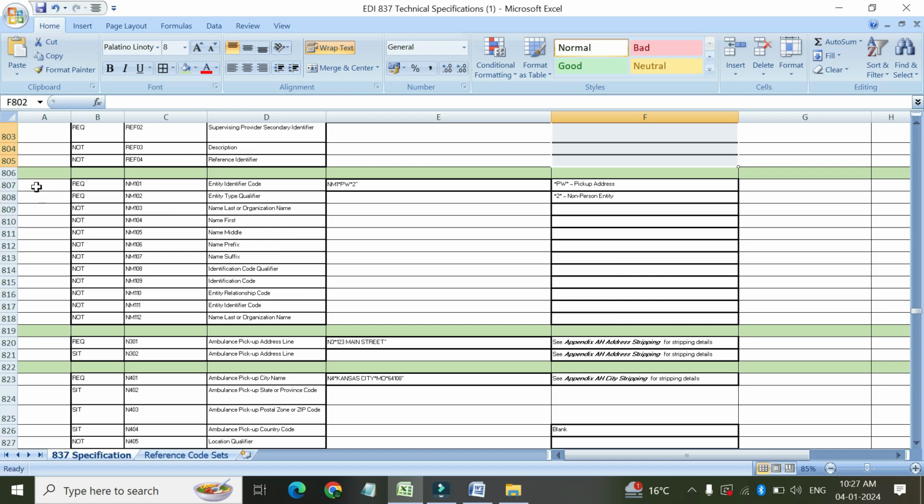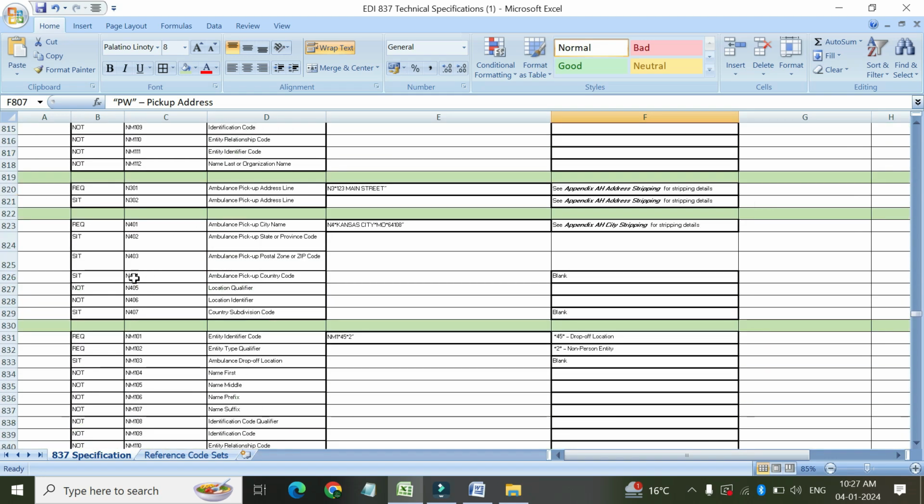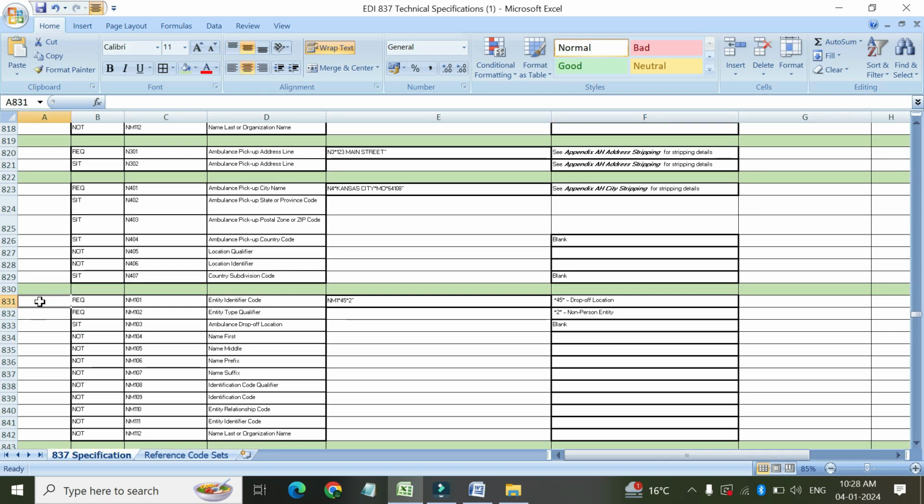And now we come to 2310E. 2310E, guys, remember this is situational. If an ambulance service was involved in this claim, then the ambulance's pickup address and drop-off address will go in loop 2310E and loop 2310F.